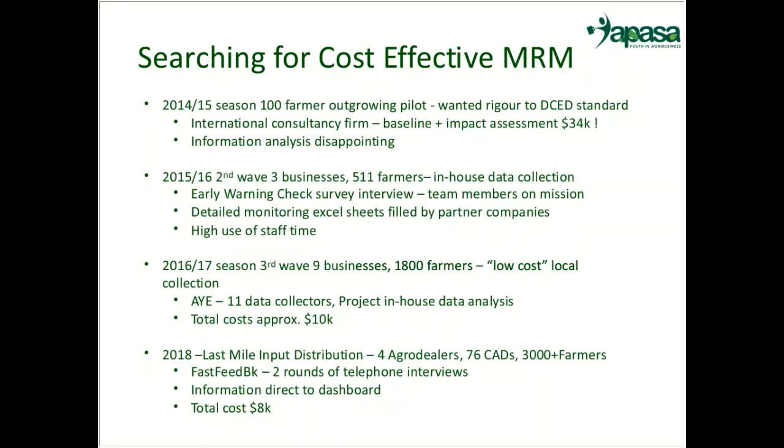And for this one, we introduced this mobile app and online app called Fast Feedback, which consists of 2 rounds of telephone interviews, which were conducted by AYE, the same data collectors who'd already been trained up by us. The information goes direct to a dashboard where we can monitor it in the office, and the total cost of this one is $8,000. So I think showing that from a 100 farmer pilot at $34,000 to a 3,000 farmer pilot for $8,000 is quite good progress in cost effectiveness.